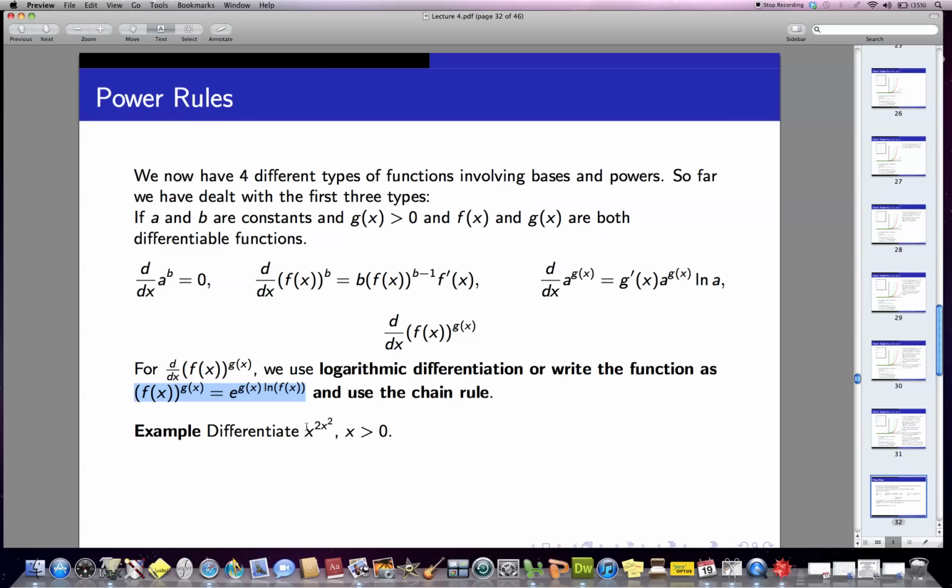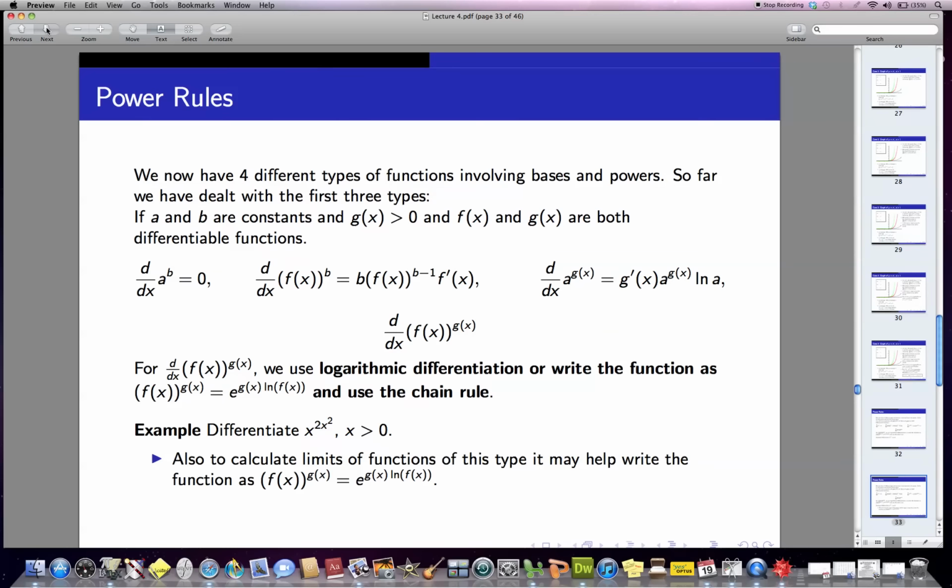So in class we'll do some examples that look like this, using perhaps logarithmic differentiation. Also, if you want to calculate limits of functions that look like this, it's a very good idea to convert them to this form and then use our techniques from the previous lecture to calculate the limit.